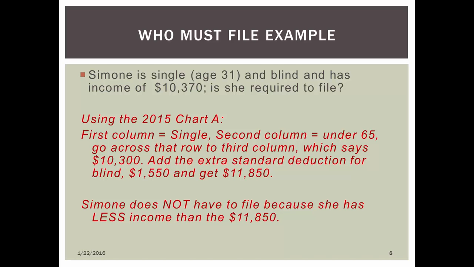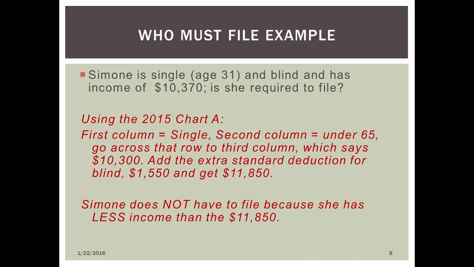In the first column we're going to find that she's single, so we're going to go on that row for single. And then we have to see on the second column, is she over or under 65? Well, she is under 65, so we're going across to the third column, which says $10,300.